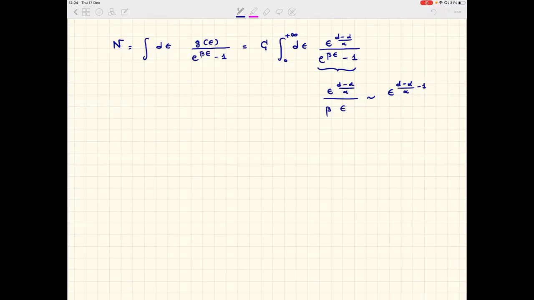And now what do we want? We want that d minus alpha over alpha minus 1 is larger than what? Should be larger than what?